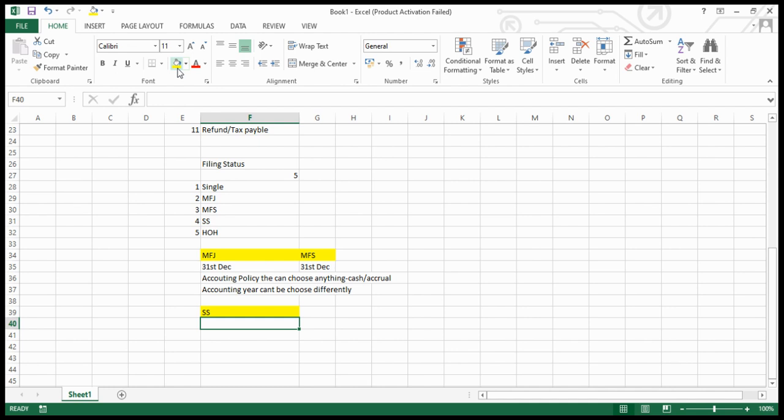Then for the other person, the status we have to define is going to be surviving spouse. Basically, the death of the spouse will trigger the surviving spouse status. This is the first criterion.